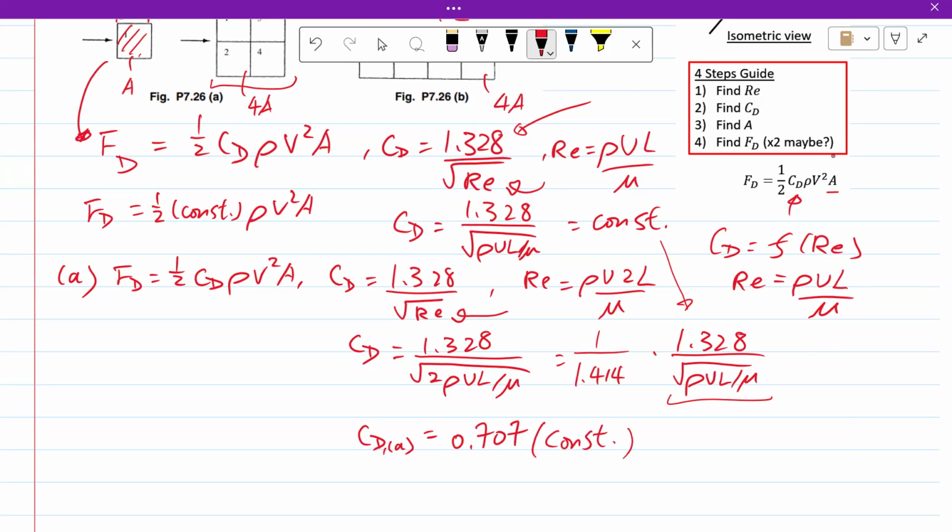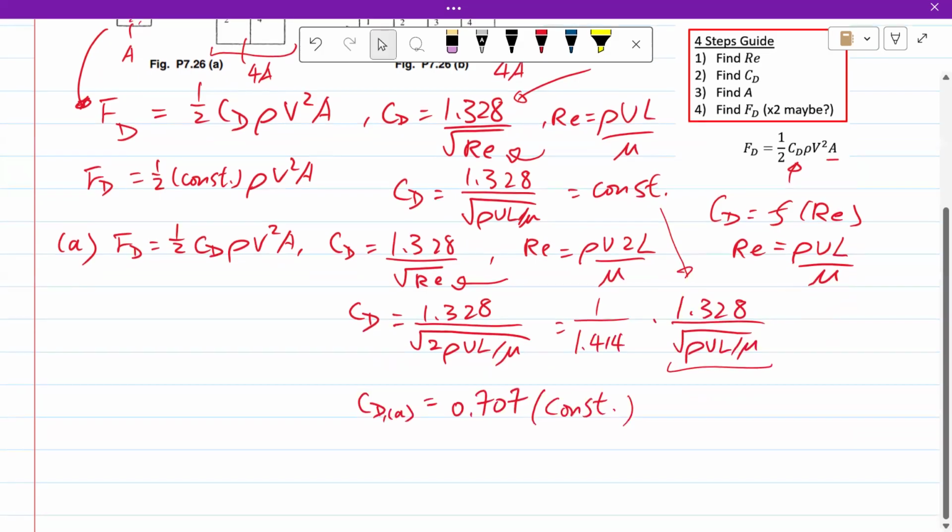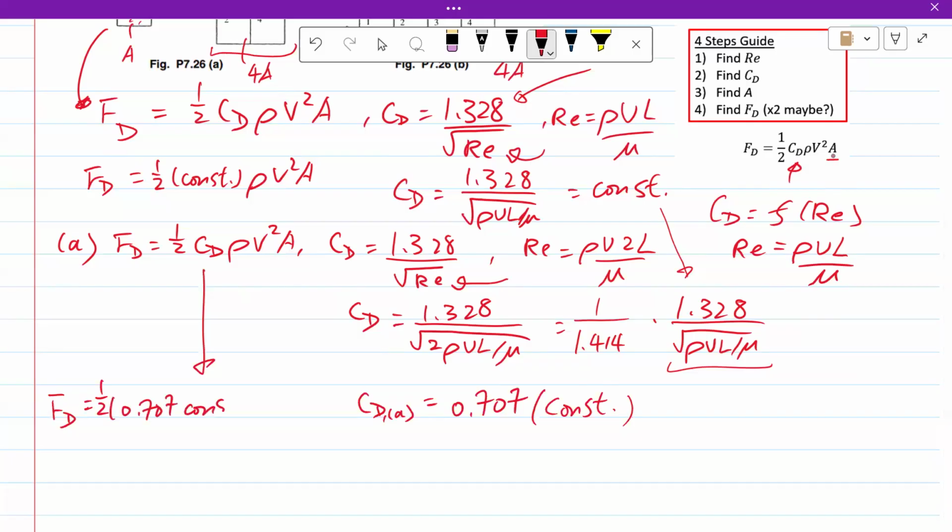Now you actually plug it back into your drag equation. So FD is equal to half times 0.707 constant, rho V squared, A becomes 4A.